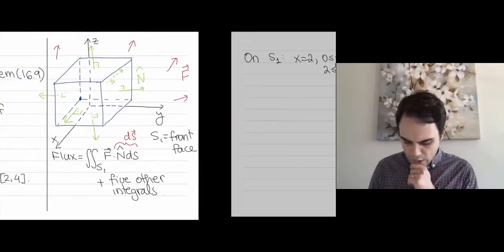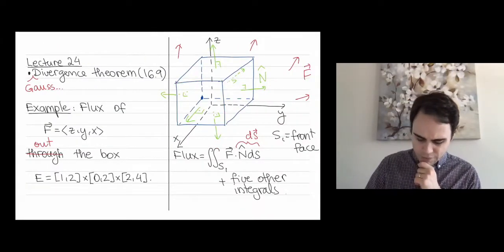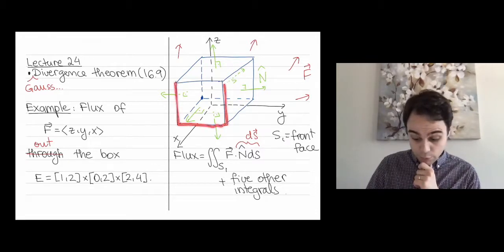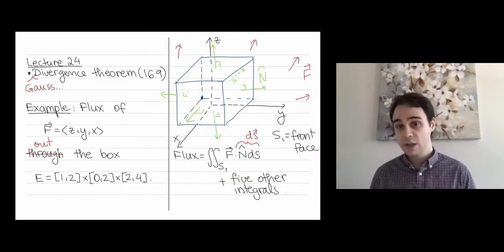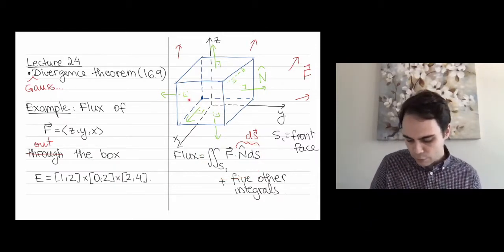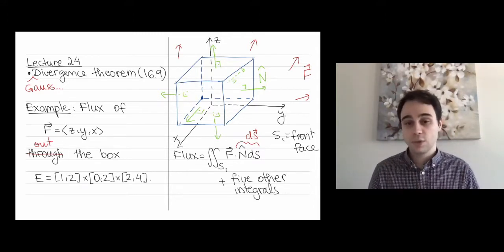Now I want to describe points, so I need to parameterize. Strictly speaking, to compute this integral over S1, you need to parameterize this face. But as it is a copy of the YZ plane, for points here, I already know the X coordinate. I can just describe them using the Y and Z coordinates as the variables.